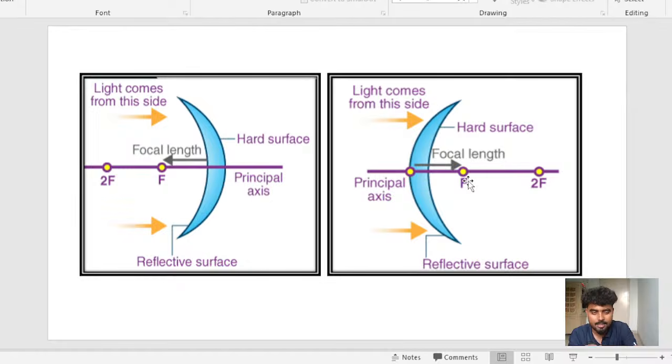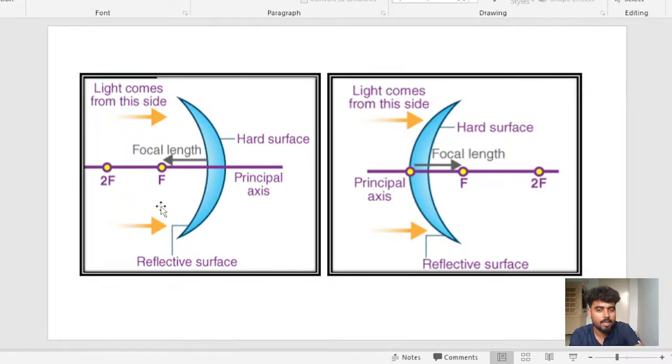Now listen carefully. From the pole to focus there is a distance. This distance is called the focal length, 1F. And from focus to center of curvature there is a distance, which is also a focal length. So from the pole to center of curvature there is a distance called the radius of curvature.